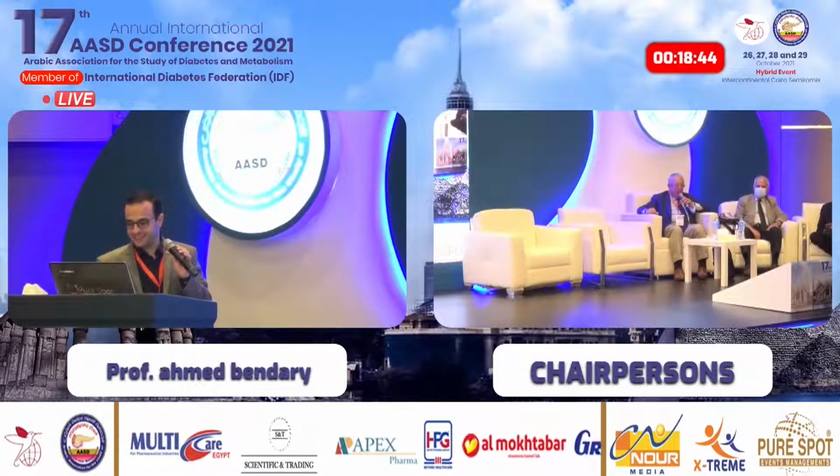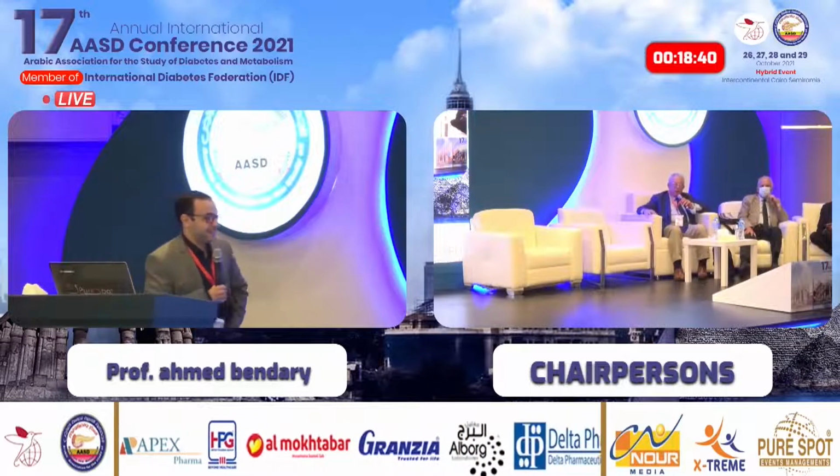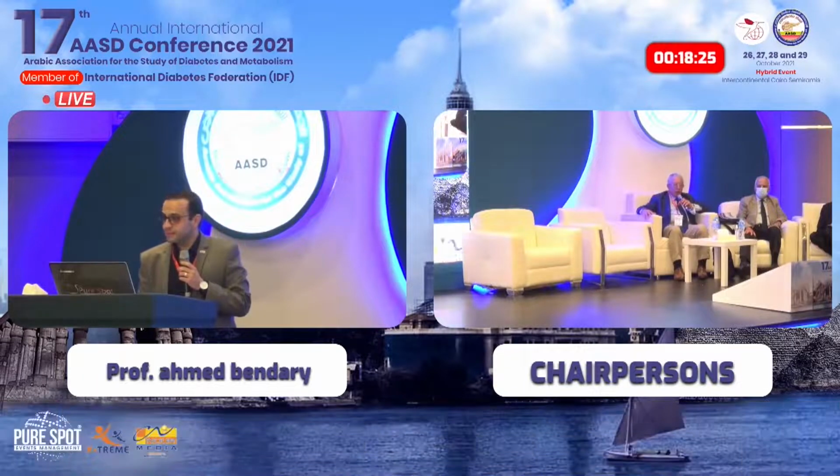Actually, until the technical issue is fixed, the data presented by Professor Bendary is data from the CardioRisk Project. And the CardioRisk Project is the most important project dealing with risk factors in Egyptians in the past 20 or 25 years. It tried to answer important questions.